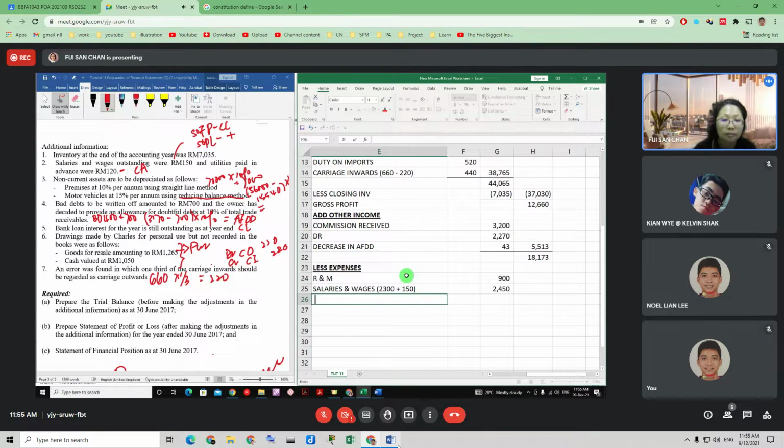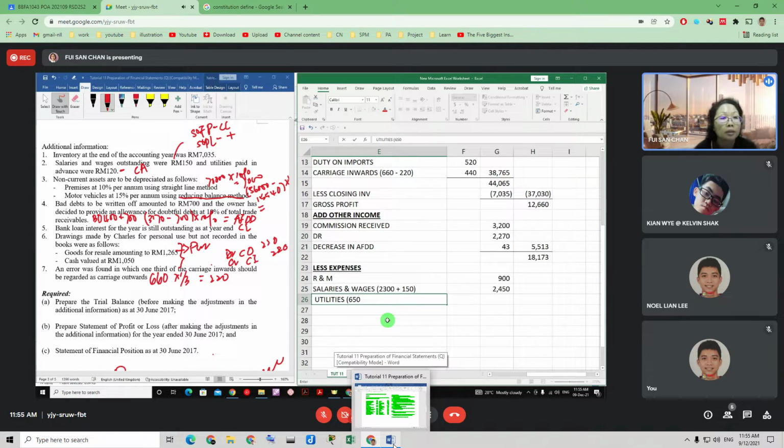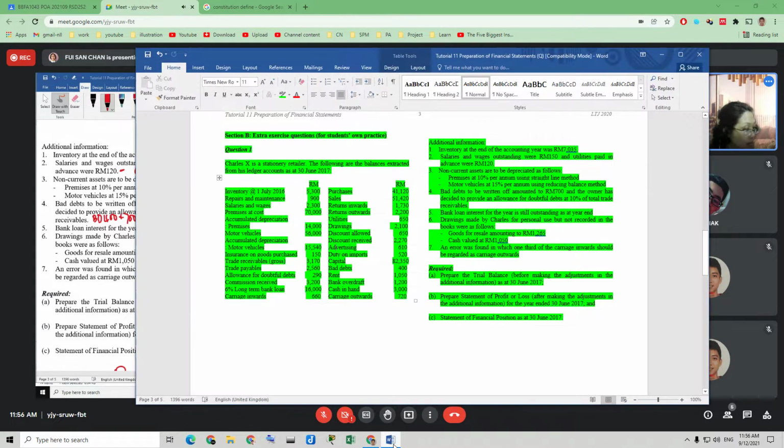With utilities. 650 minus 120. Utilities is how much? 650 minus the prepaid, right? Okay. So it becomes 530. Okay, what else? Discount allowed, right? Discount allowed is 650 also.